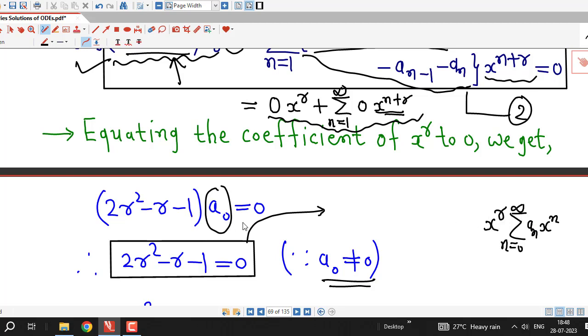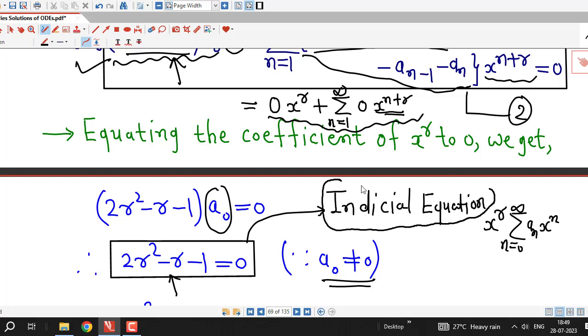So we will solve this polynomial equation in r, and we will obtain the values of r that satisfy it. This equation is known as the indicial equation. Remember, this is a very important term in the Frobenius method, because the Frobenius method depends on the solutions of the indicial equation.